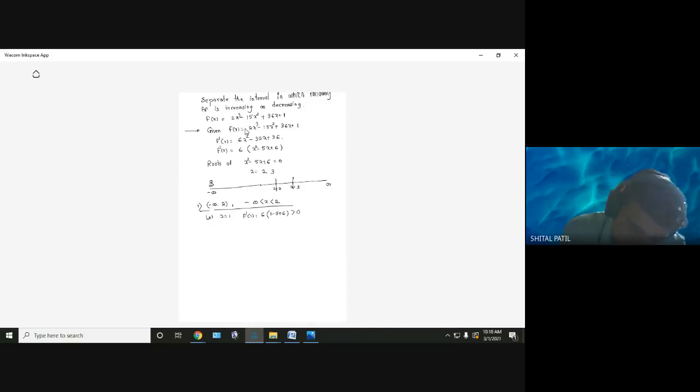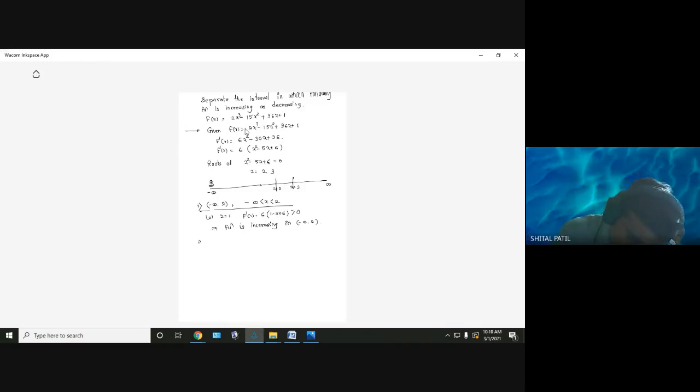Greater than 0. So what is the conclusion? Function is increasing. And you can check it for any value of x which is less than 2. You will get that the value is positive only. Value will be different but will be positive. So function is increasing in minus infinity to 2.